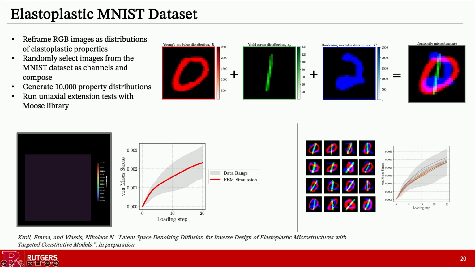We overlay them to create a composite microstructure, and then we pull at them. We perform uniaxial extension tests with the FEM library Moose. We generate 10,000 of them and collect pairs of von Mises stress curves and topologies. Again, now the inverse problem would be inputting stress, predicting this composite microstructure.